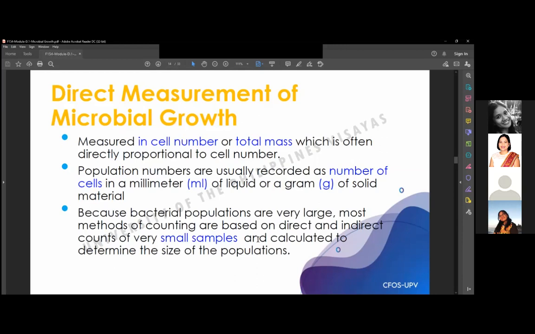You just take a representative sample from that water, from pond water, and then you count the bacteria, for example, and that would already represent the number of cells per ml of pond water. Parang ganun yung explanation yan.